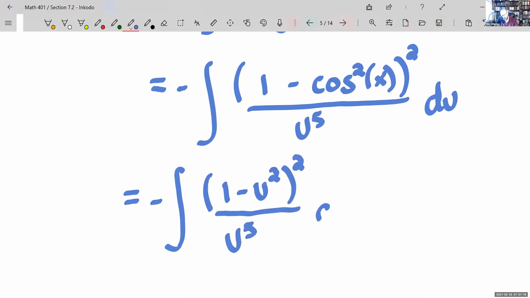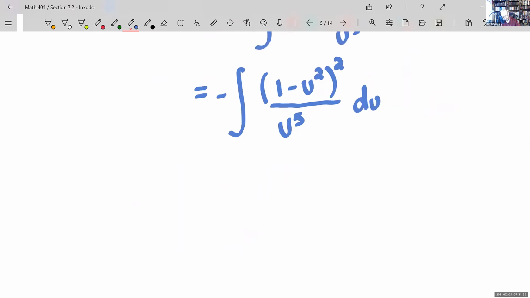What's interesting about these integration techniques that we're in right now is that you're going to run into problems where there are several ways you could tackle it, and your answers will look different depending upon how you tackle the problem. So do not get too married to seeing a key and having to match that key.